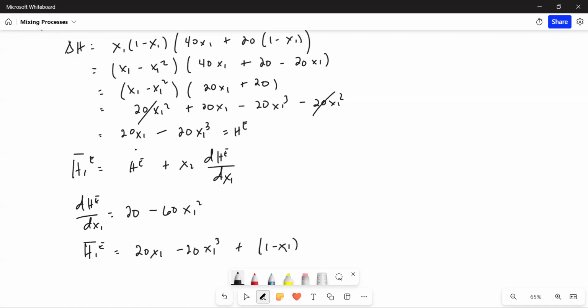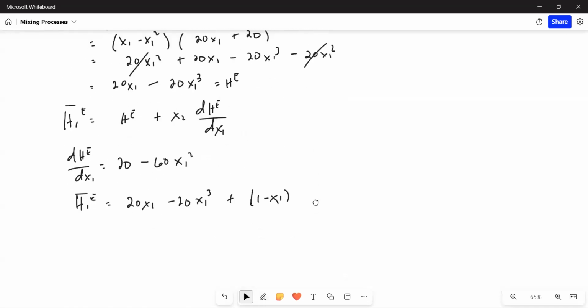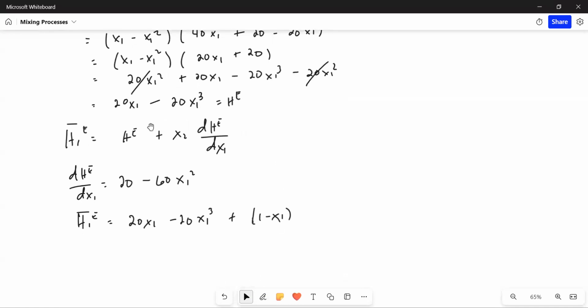I'm substituting the equations back into this partial molar excess H equation, and now I multiply it with dHE over dx1, which is 20 minus 60 x1 squared.